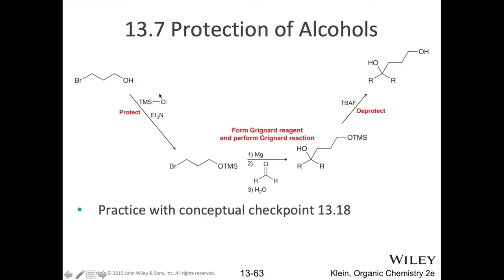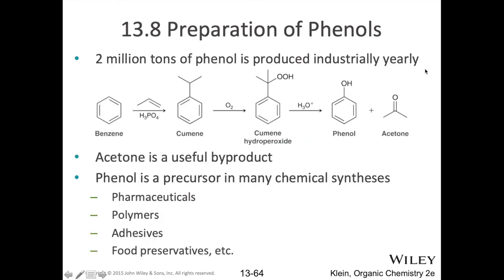Okay, we get a precipitate of triethylammonium chloride, and then you can carry out your Grignard reaction, as you can see here. You make that corresponding alcohol group, and then of course you want to get rid of your TMS group. You want to deprotect it. So we react with TBAF, and we swap that back out for an alcohol.